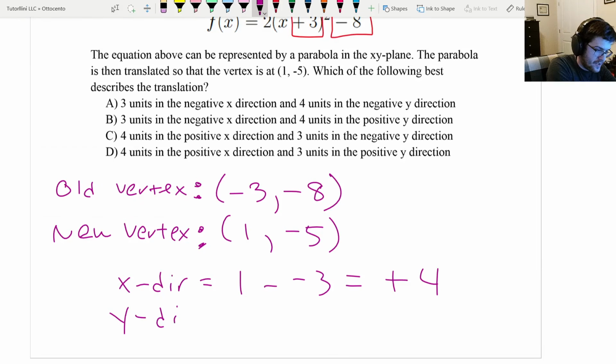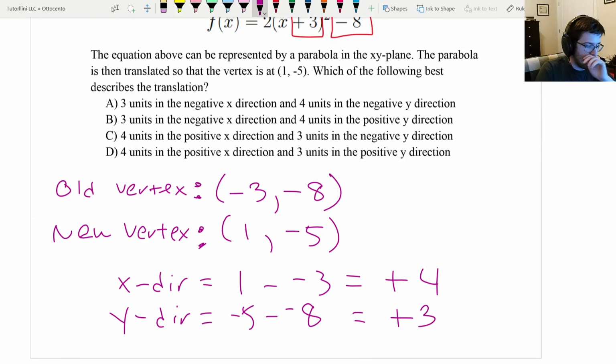And the y direction translation, or k, it's going to be negative 5 minus negative 8, which is positive 3. So 4 in the positive x, and 3 in the positive y.